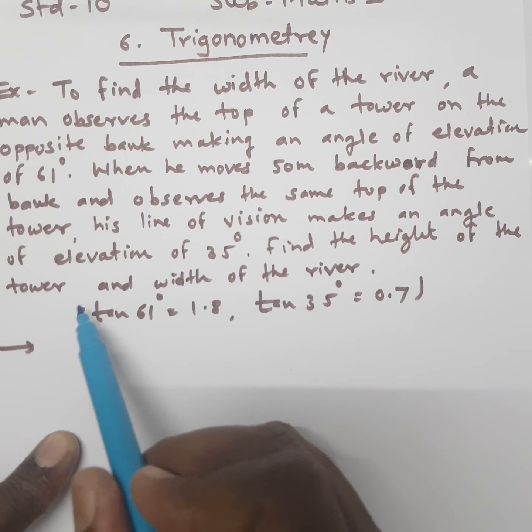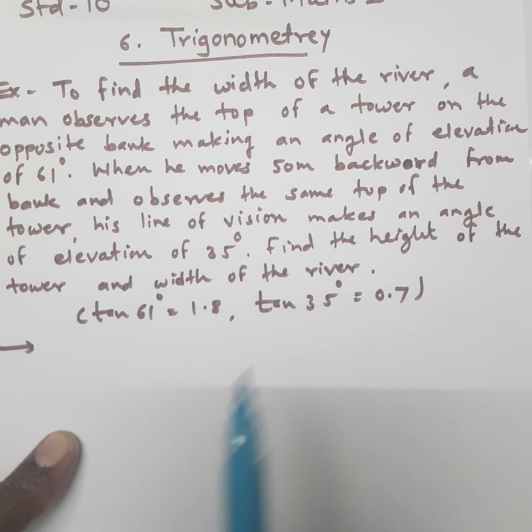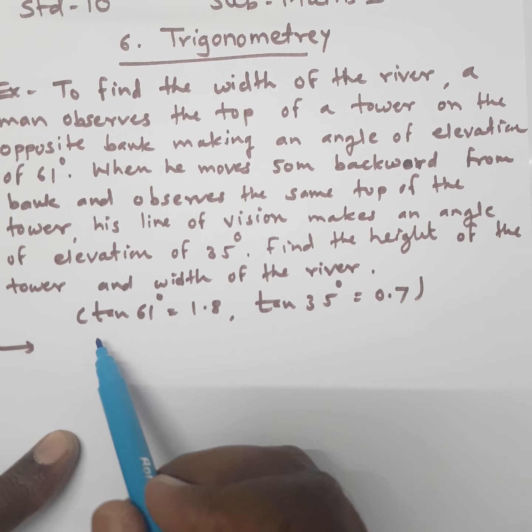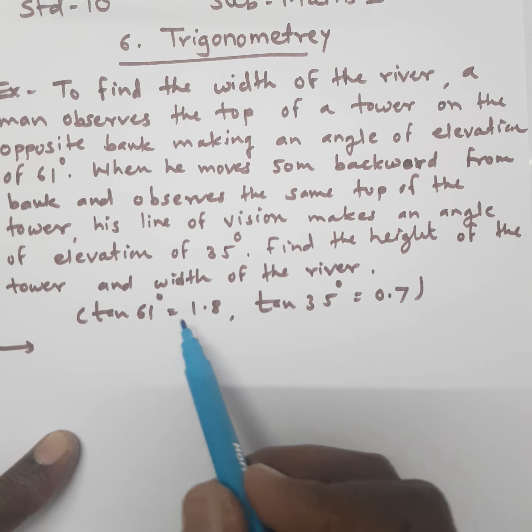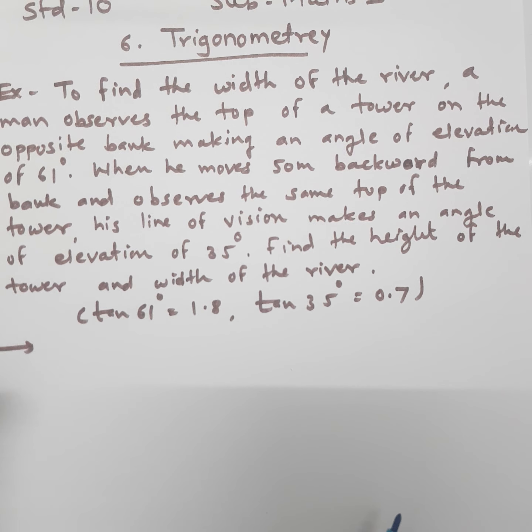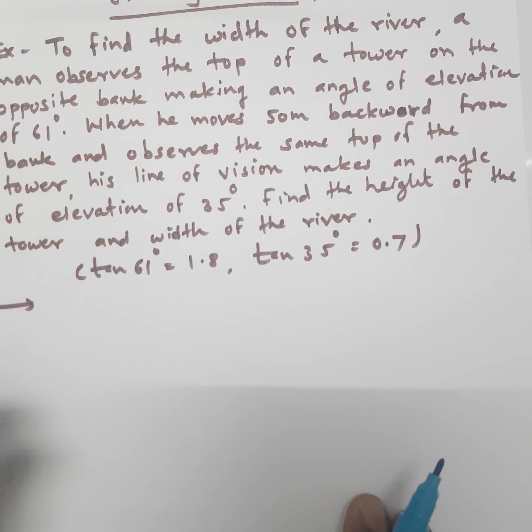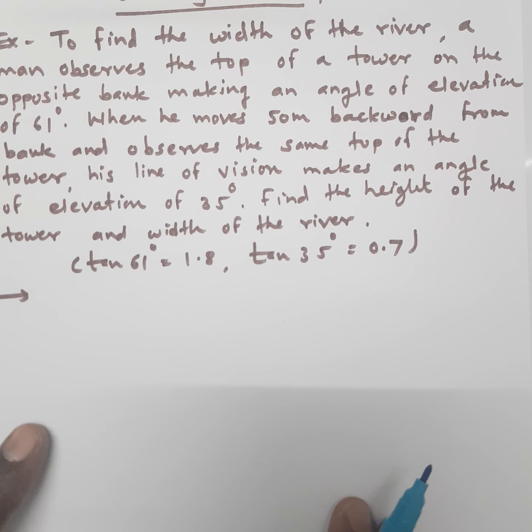Find the height of the tower and width of the river. The two values tan 61 degree is equal to 1.8 and tan 35 degree is equal to 0.7 are given in the example. Now we have to draw the figure from the given information.